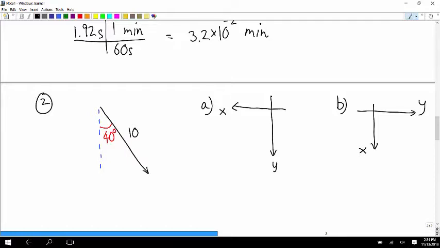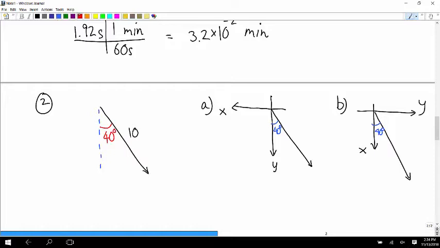And in both cases, you draw the vector in its original orientation. So don't rotate the vector with its tail at the origin. So there's the vector for part A. There's the vector for part B. And in both of these, you're given the angle with the vertical.